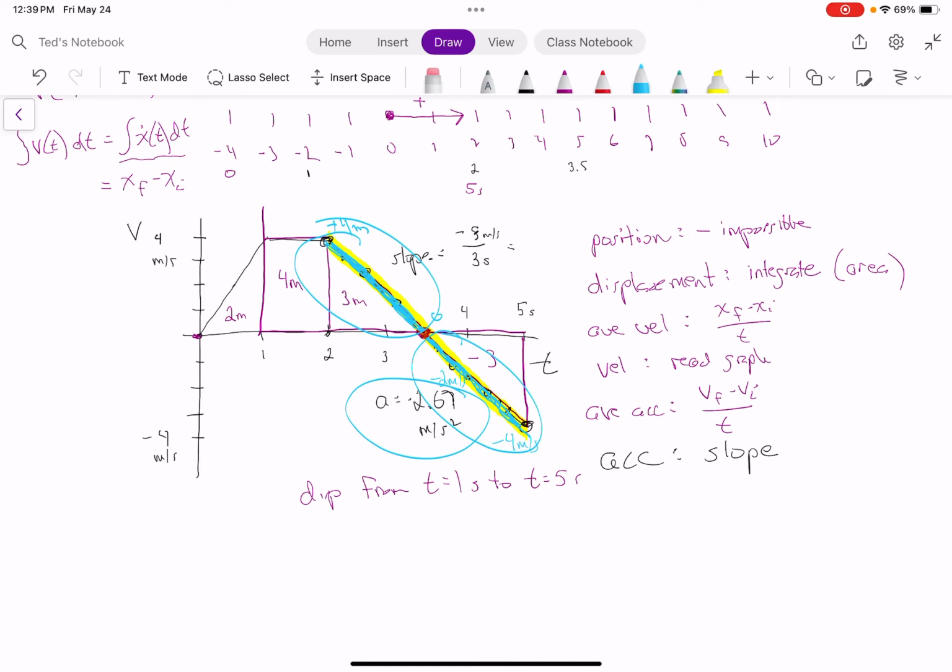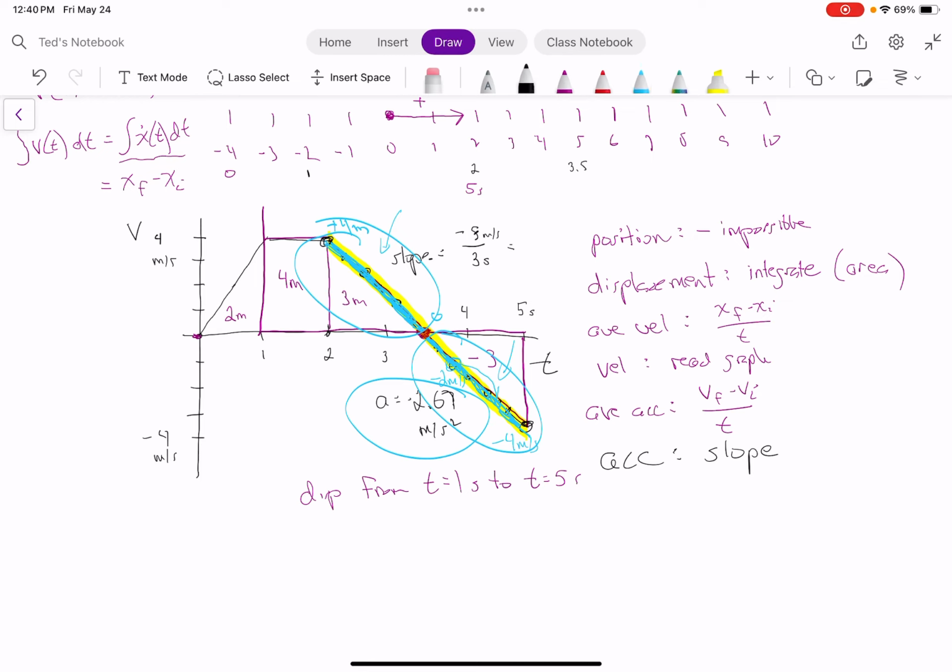Negative means that the slope is going down. But if you already have a negative velocity and then you have a downward slope, that means your negative velocity is getting even faster. So a negative acceleration can mean you're slowing down if you're moving forward, but if you're moving backwards and you have a negative acceleration, it means you're speeding up.